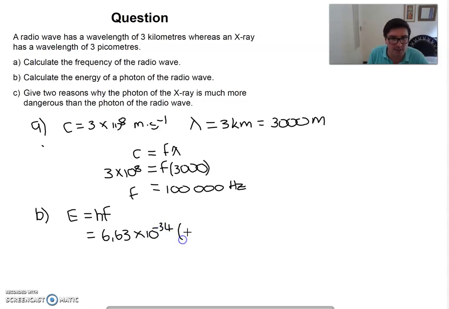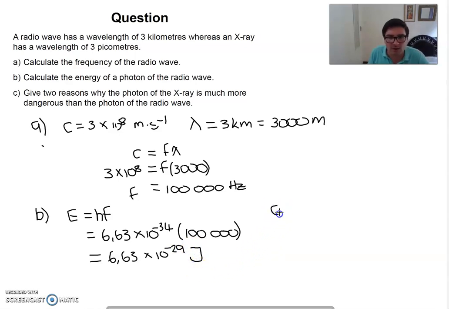And then our frequency we just calculated as 100,000 hertz. So calculating that, we get the energy of a single photon is 6,63 times 10 to the negative 29, and the unit of energy is joules.